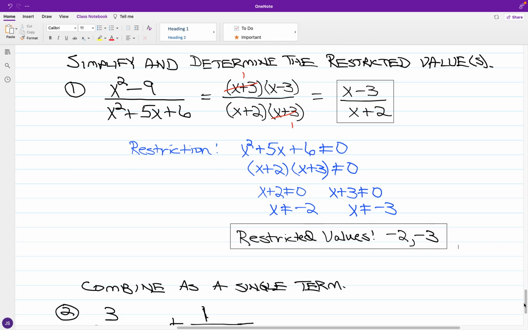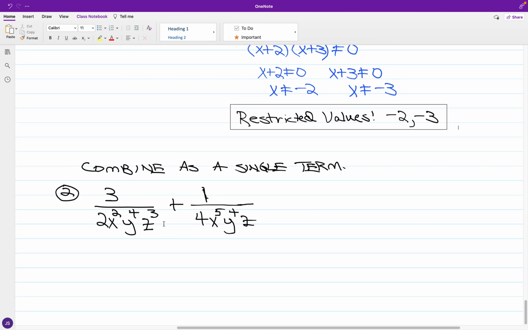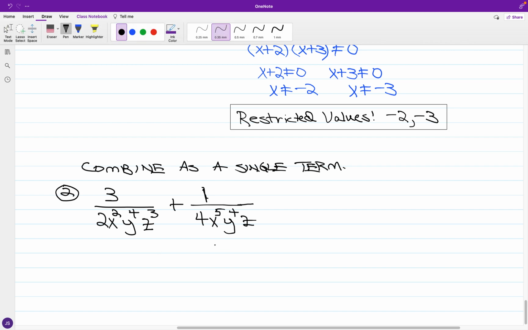Now, in the case of operations between ratios that have unlike denominators, here we have 3 over 2x squared y to the 4th z cubed, plus 1 over 4x to the 5th y to the 4th z. We don't have the same denominator, so we put it in terms of the least common denominator.